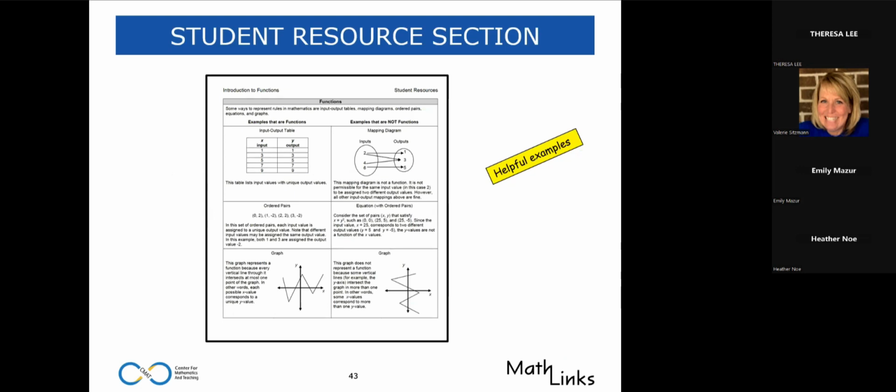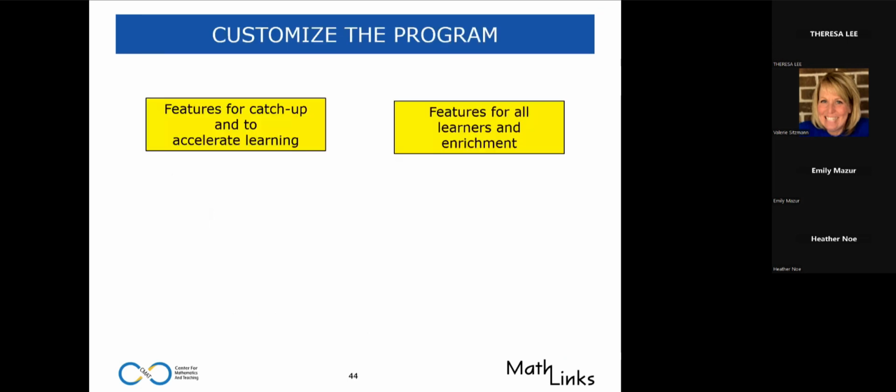Finally, every packet includes a student resource section with definitions and helpful examples. Since student packet lessons take just about 100 days, there's ample time for review in the packet, assessments, and customization.